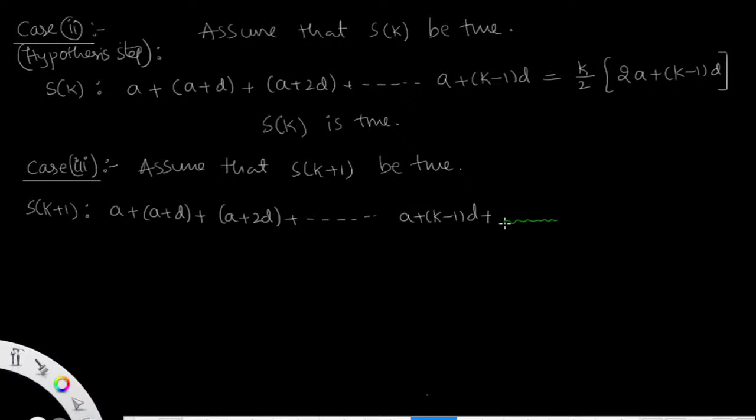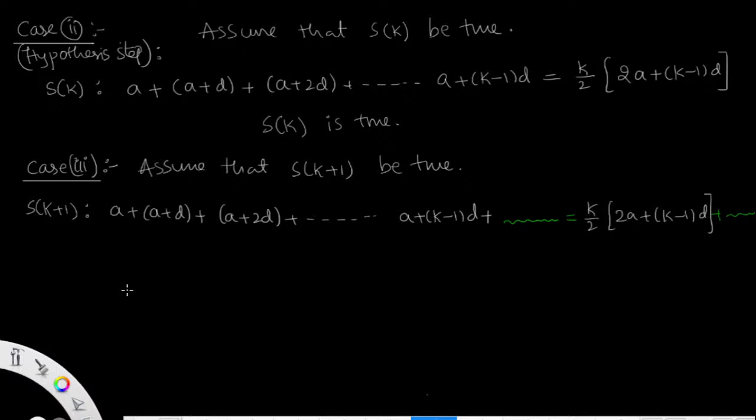The next term is nothing but the k plus 1th term, the unknown term, which is equal to k by 2 into 2a plus k minus 1 into d. So here also adding both sides, that is why we write the k plus 1th term here. So assuming that S of k plus 1 is also true, up to here these total terms are k terms. Now we have to write here the k plus 1 term, that is why I kept the blanks.